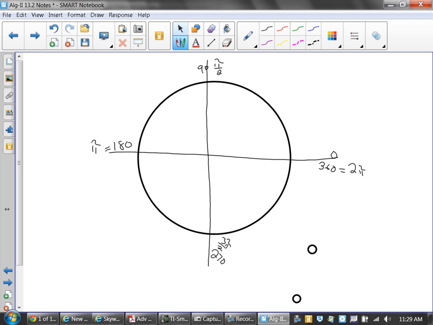Okay. Now the rest of what we're developing here is called the unit circle. The unit circle is based upon your special right triangles.